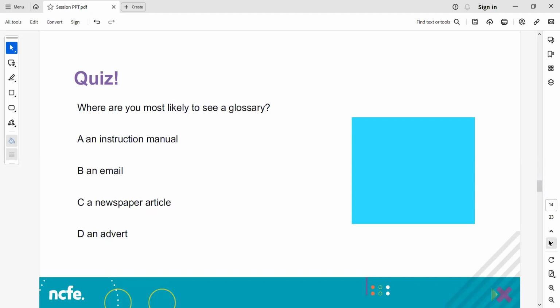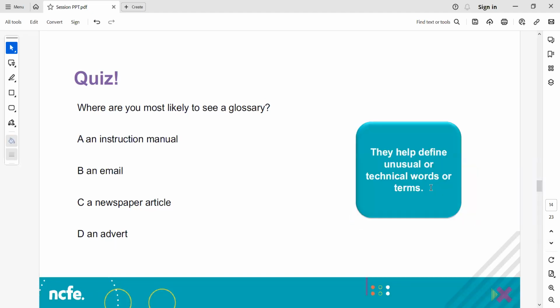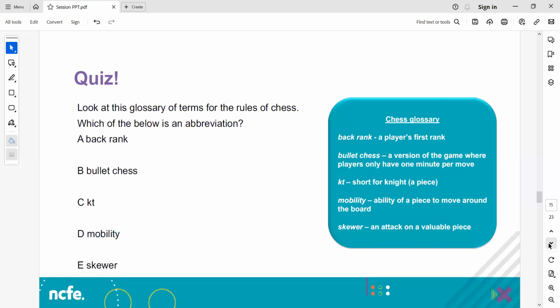A. Good. So if we remember that a glossary helps us to understand unusual or technical words or phrases. If you're following an instruction manual, it's quite technical. So that's where we would be most likely to find a glossary.